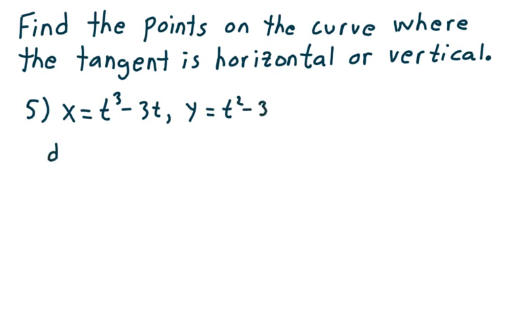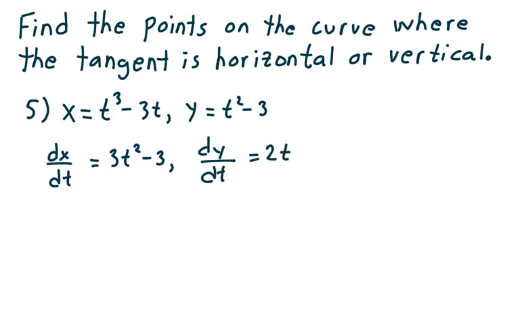So we need dx/dt. Well, dx/dt is equal to 3t squared minus 3. dy/dt is equal to 2t. Okay.